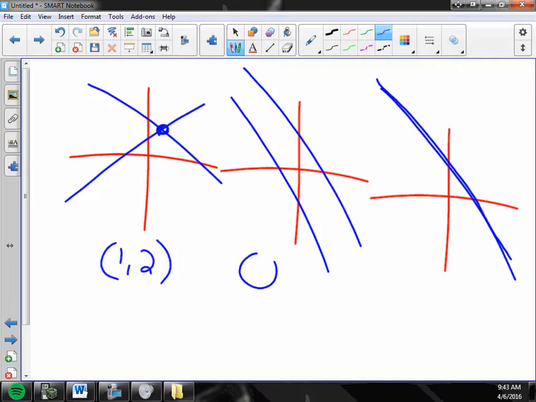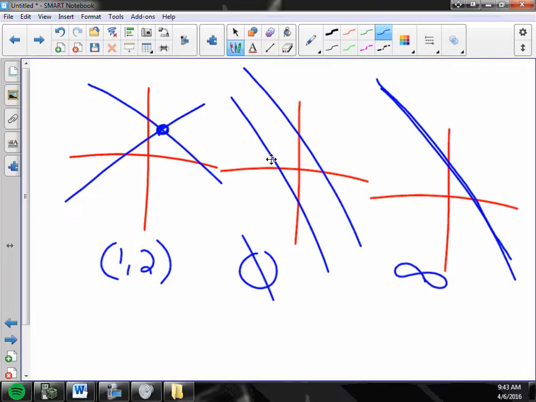This one has no solutions. That's the symbol for the empty set. The answer is the set of numbers with nothing in it. And then this one, we say it has infinite solutions, but that doesn't mean every point works. It means the line itself is the solution. Any point on the line is a solution. And there's so many of them, we just write infinite solutions.